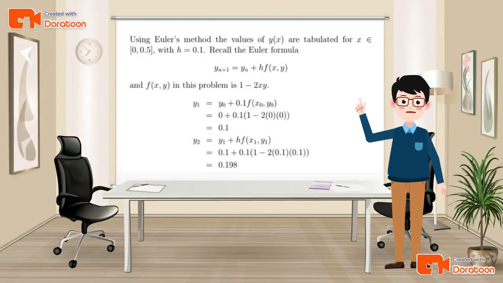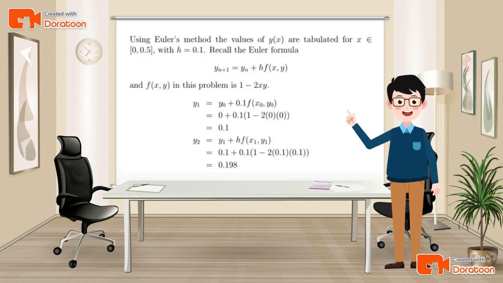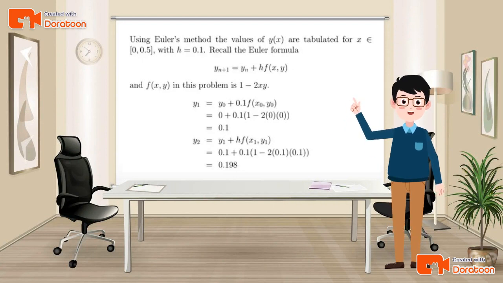Using Euler method, the values of y(x) are tabulated for x from 0 to 0.5, with h equal to 0.1. Recall the Euler formula, y_{n+1} = y_n + h f(x, y), and f(x, y) in this problem is 1 - 2xy.